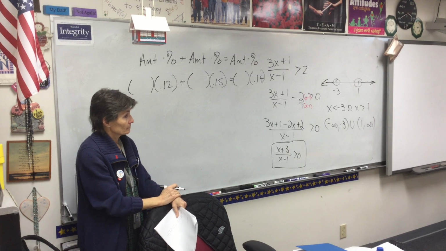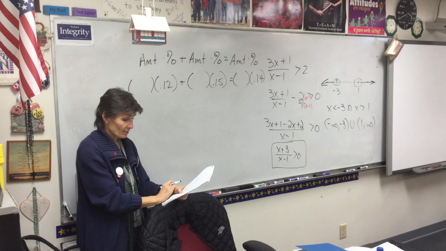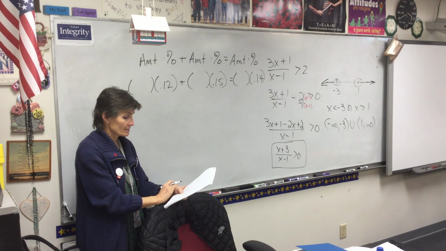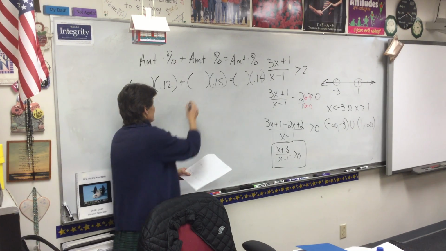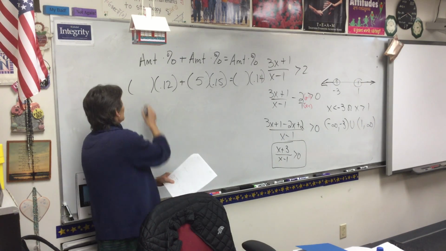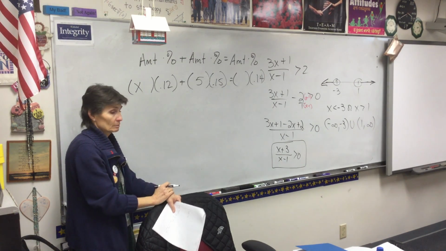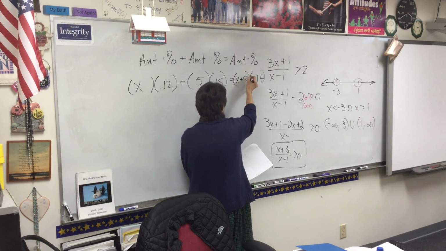Yes, it is. There's 5 gallons in the problem. Where do I put the 5? With the 15. So the 5 goes here. For the 12 you put X, and for the 14 you put X plus 5. And this is going to be X plus 5.